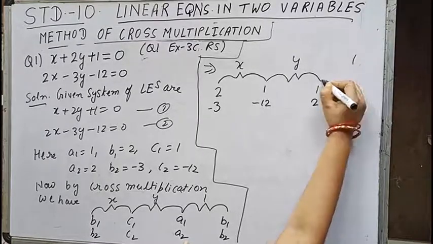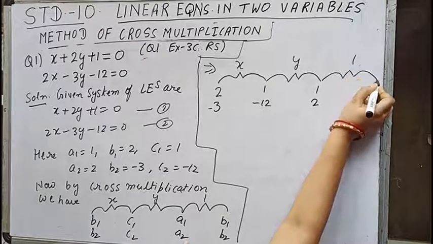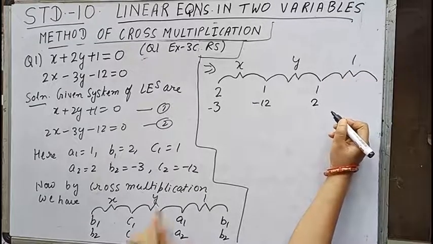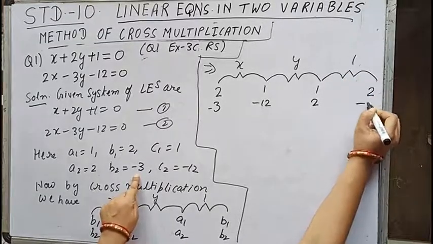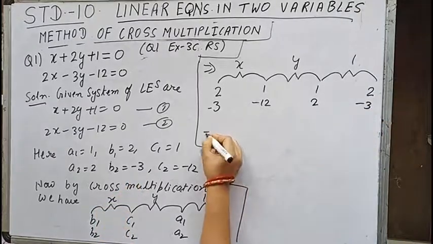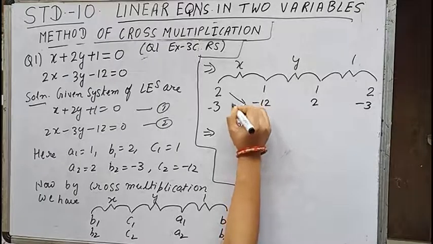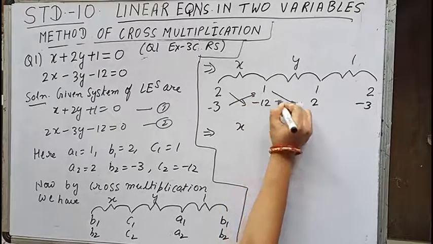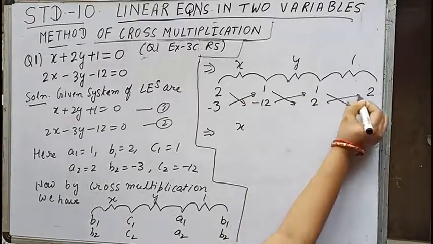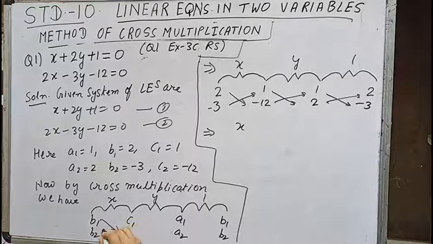And then 1, b1, b2. b1, b2 is 2, minus 3. This implies x. Now let us write this sign also. I forgot. Give this sign here as well.